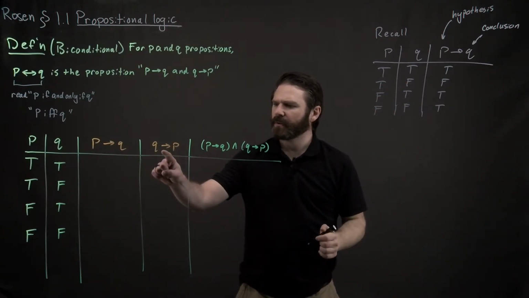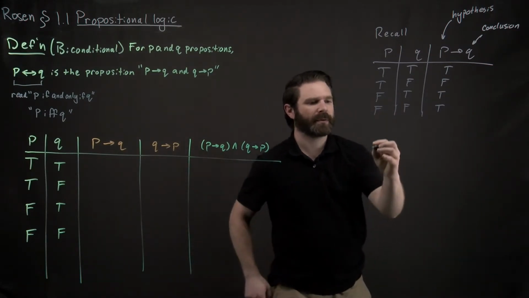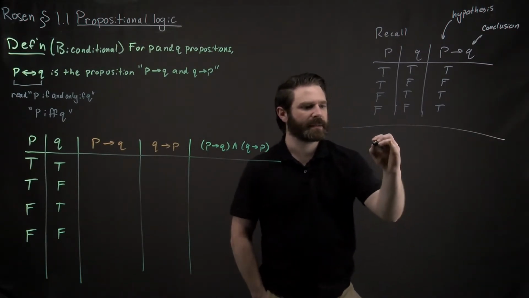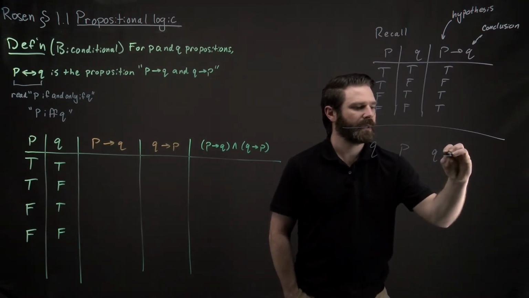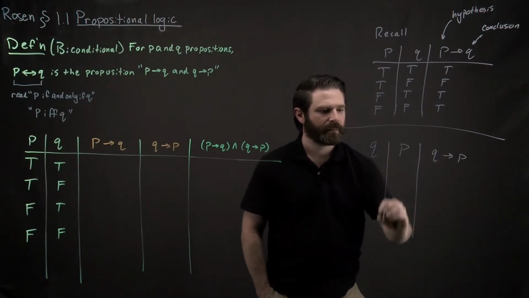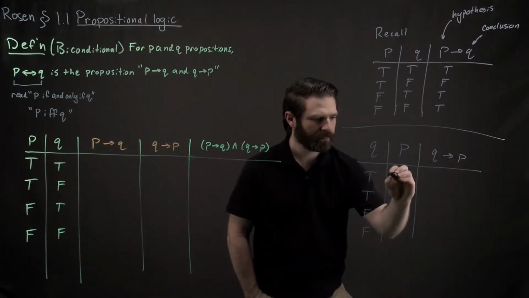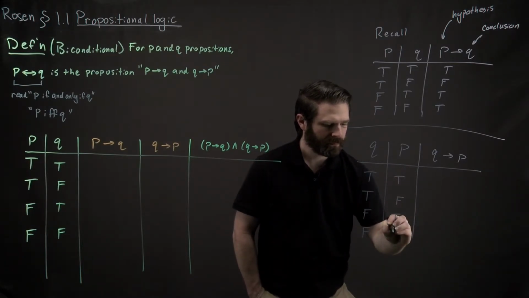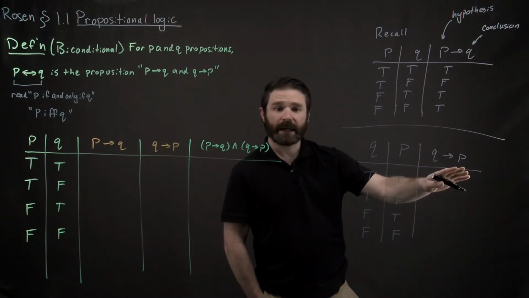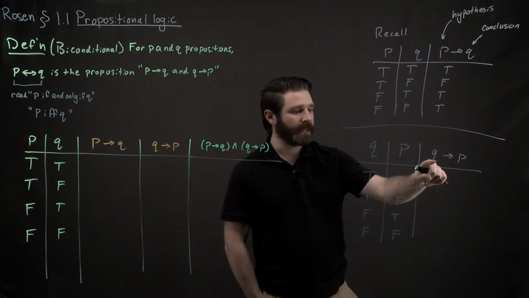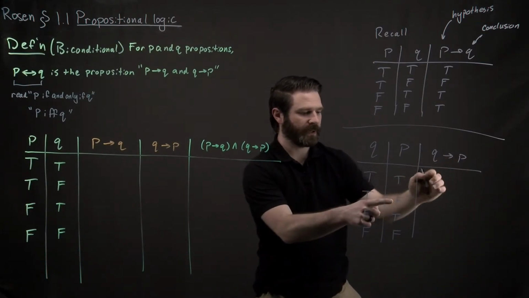And since we also have a Q implies P over here, let's write out the truth table for that, just because the variables are all flipped around. So let's also look at Q and P, and Q implies P. Once again, with this implication, the only time it's going to be false is when the hypothesis is true and the conclusion is false.